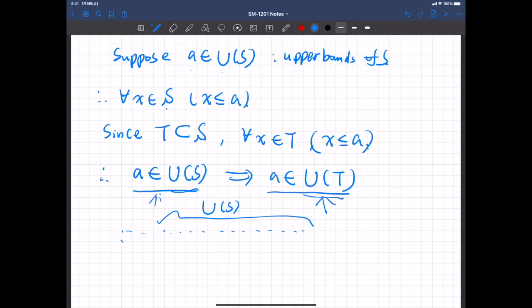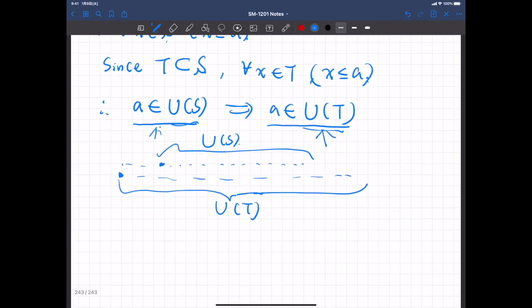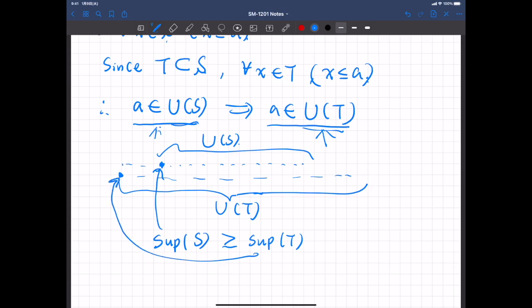So the set of upper bounds of T is larger than U of S. So the minimum value of U of S is greater than the minimum value of, sorry, this is not U of S, but U of T. Therefore, the supremum of S, this one, should be greater than or equal to the supremum of T, which is this one.